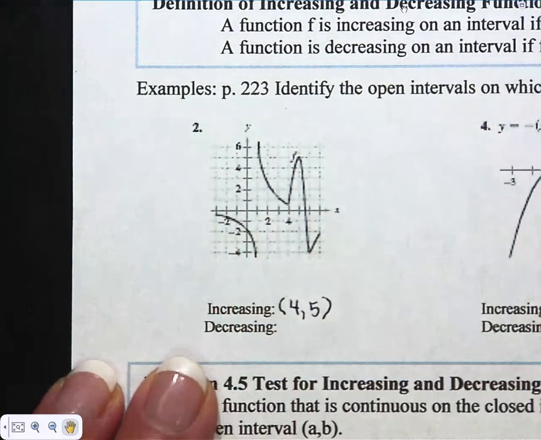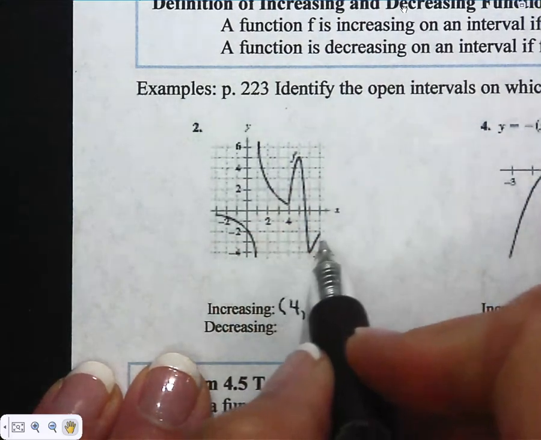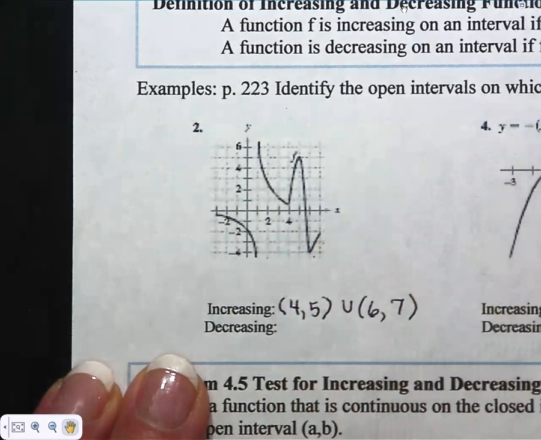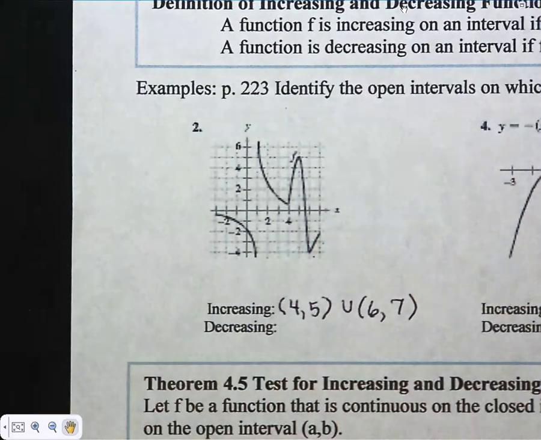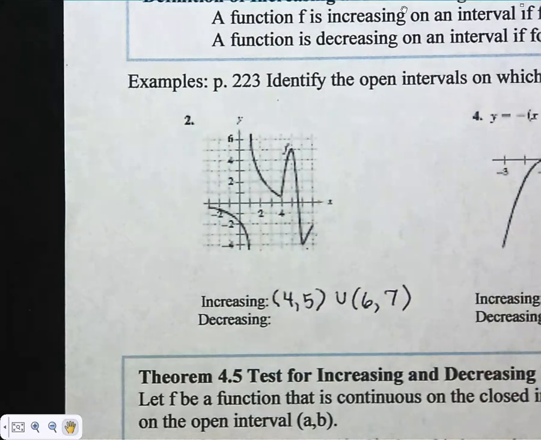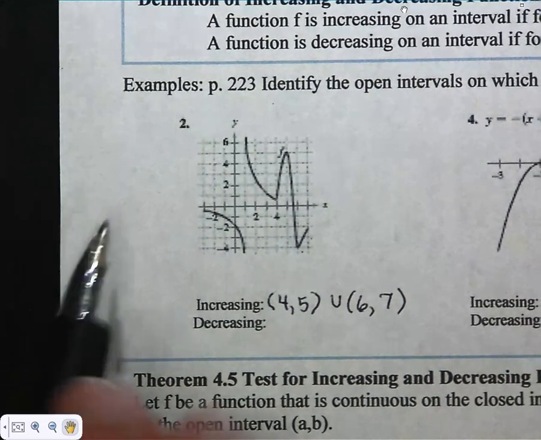Is it increasing anywhere else? 6 to 7? I'm just going to use the union symbol to say that the function's increasing over this interval and that interval. And it's decreasing everywhere else, so how would you write the intervals over which it's decreasing?